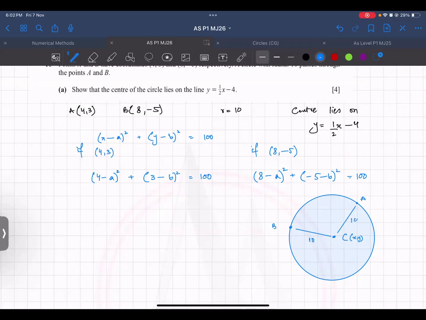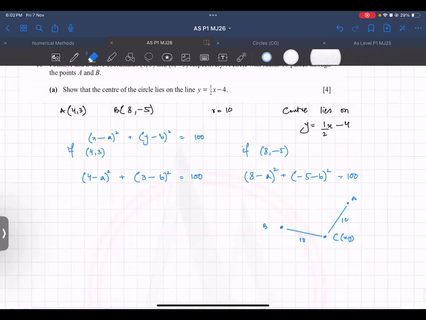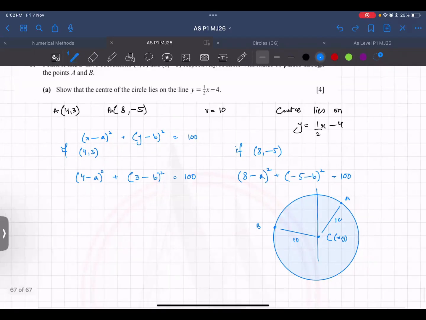They have given you the equation of a line which is passing through the center, any random line, and the equation of this line is y = (1/2)x - 4.